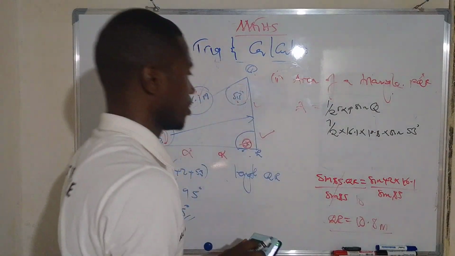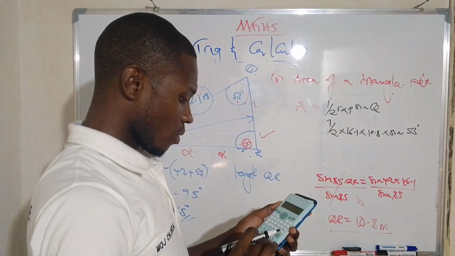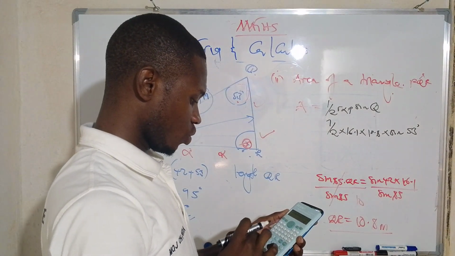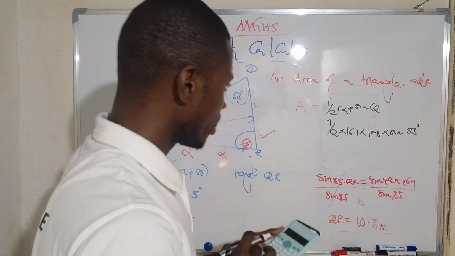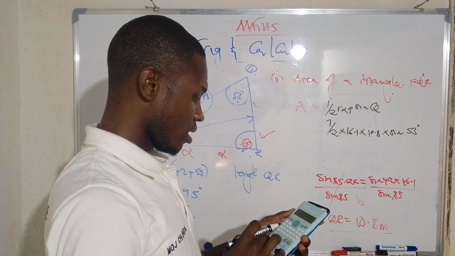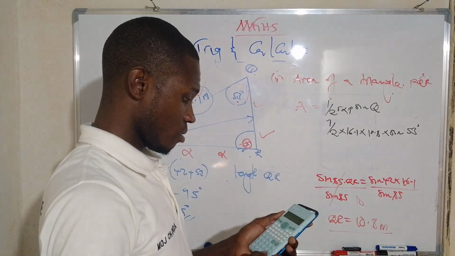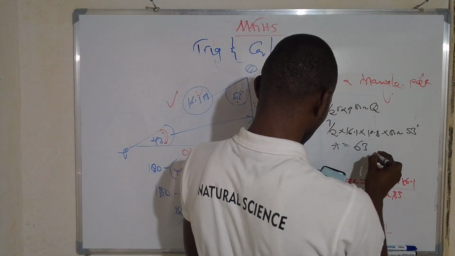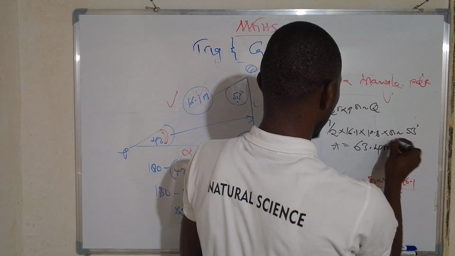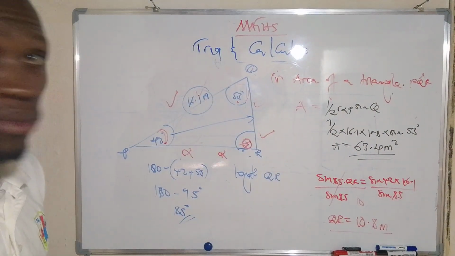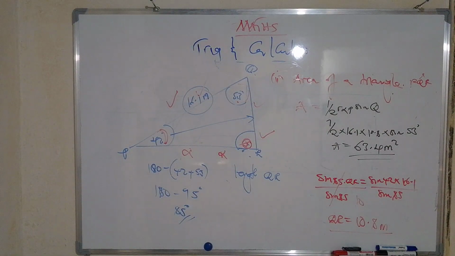Then you punch it in the calculator: 1 divided by 2, multiplied by 16.1, multiplied by 10.8, multiplied by sine 53. So our area is 63.4 meter squared. So area has a square. That is how we do that type of calculation.